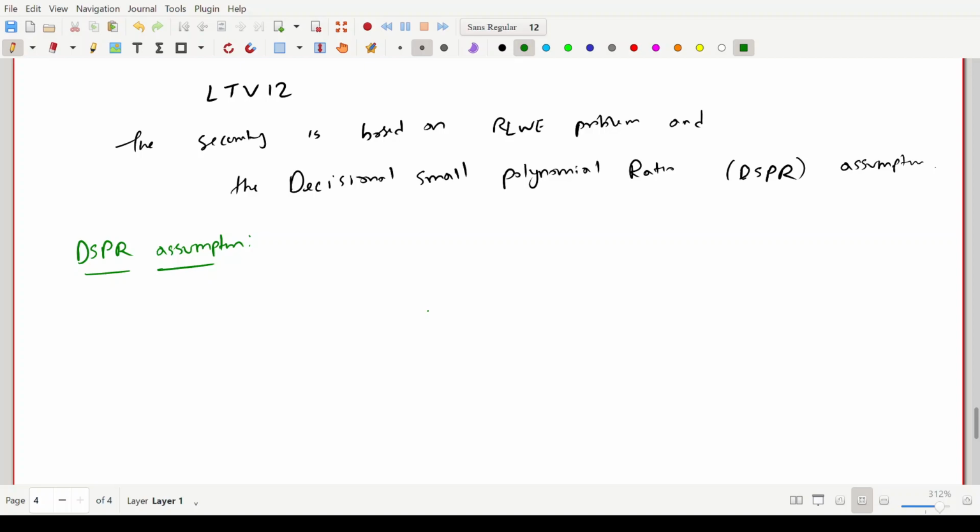First, suppose there is a ring R which is Z[x] modulo x raised to n plus 1, or any polynomial phi of x of degree n. This is similar to your ring LWE problem.